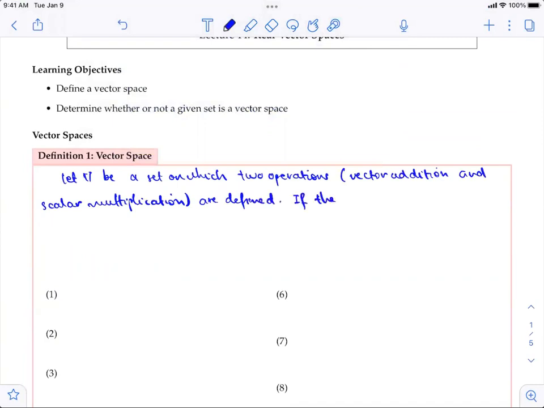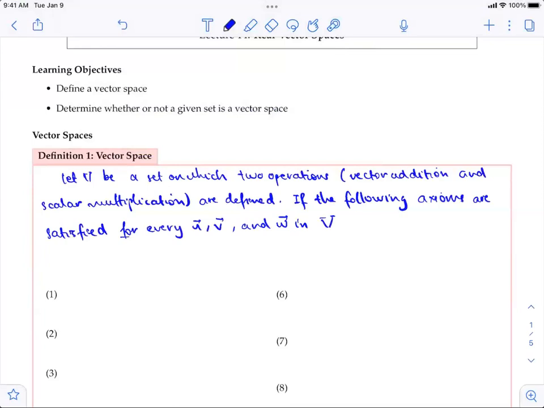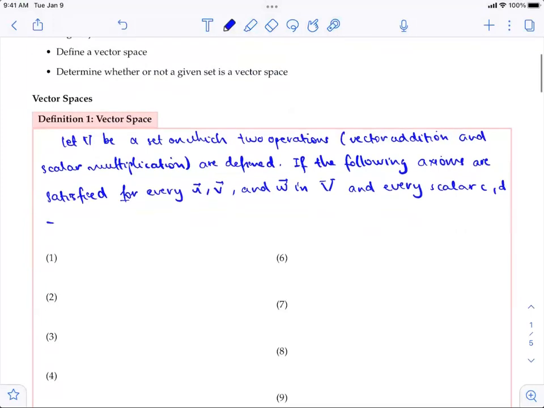If the following axioms are satisfied for every u, v, and w in the set V, and every scalar c and d, then you say that the set V is called a vector space.